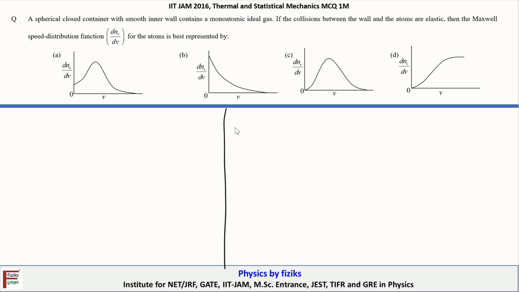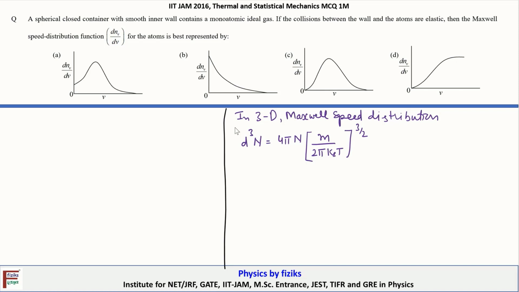So the required expression, that is in 3D, the Maxwell speed distribution is given by dn(v), which is equal to 4 pi n multiplied by (m upon 2 pi kT) to the power 3 by 2, and then v square exponential minus m v square by 2 kT, and then multiply by dv.